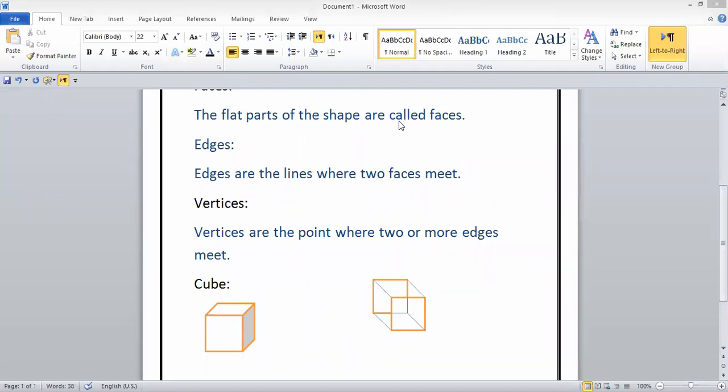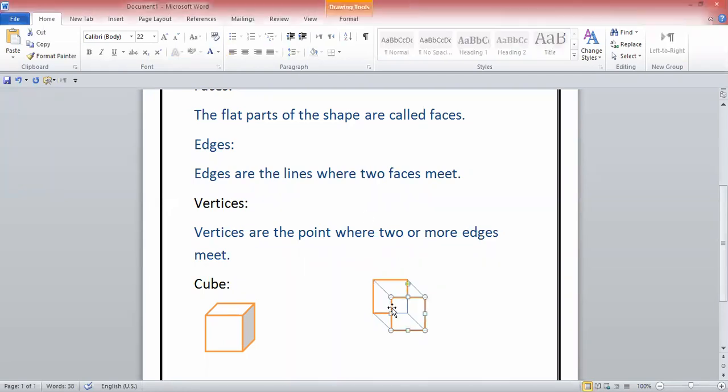Okay, now I'm going to write about the cube. Please wait. I'm going to delete this.